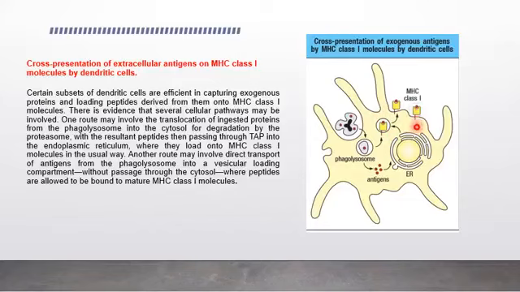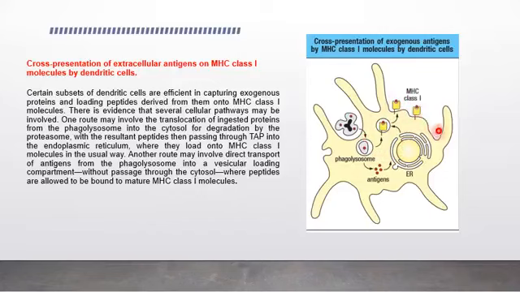Here it's the MHC class 1, and another route may involve direct transport of the antigen from the phagolysosome into vesicles, loading the peptide fragments, where the peptides are allowed to bind to the mature MHC class 1 molecules.